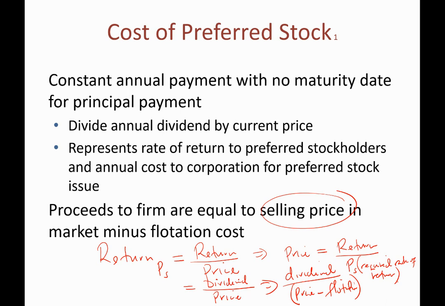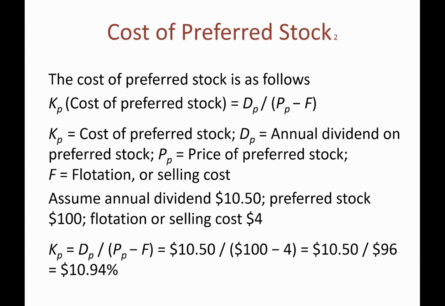If there's an element of flotation cost or selling cost to do with issuing those stocks, then we have to determine the flotation cost per stock, and then take that out of the selling price of the stock.